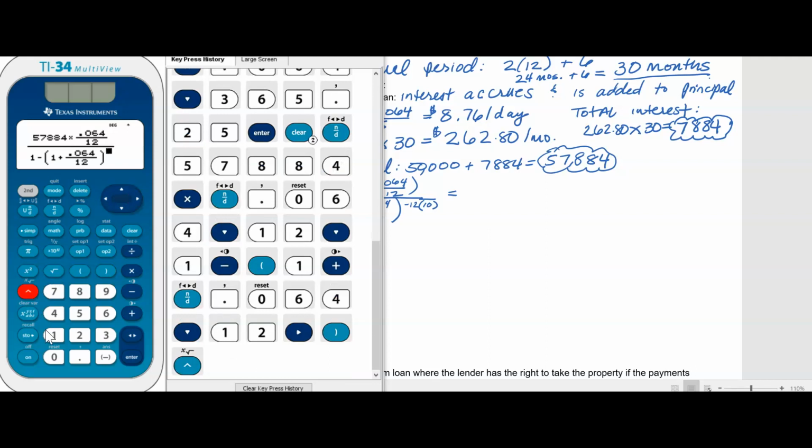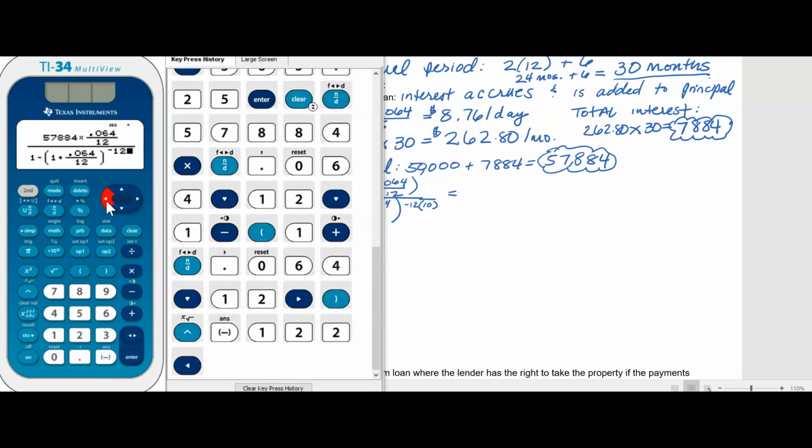So you can multiply that, it's negative 120, or you could even type in negative 12. Whoops, not negative 122. You can use your arrow if you make a mistake like I did to go back, and then times 10, and then enter.